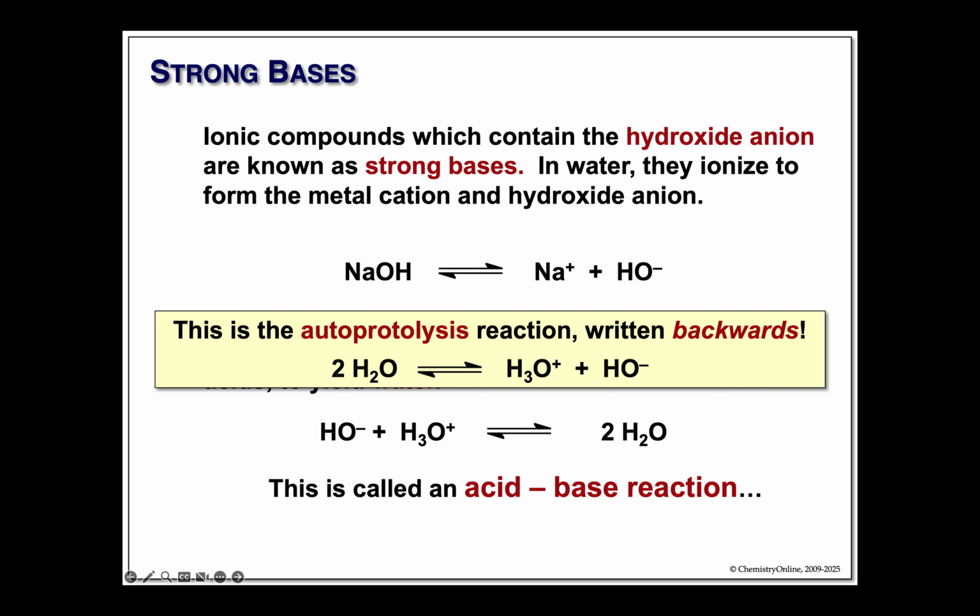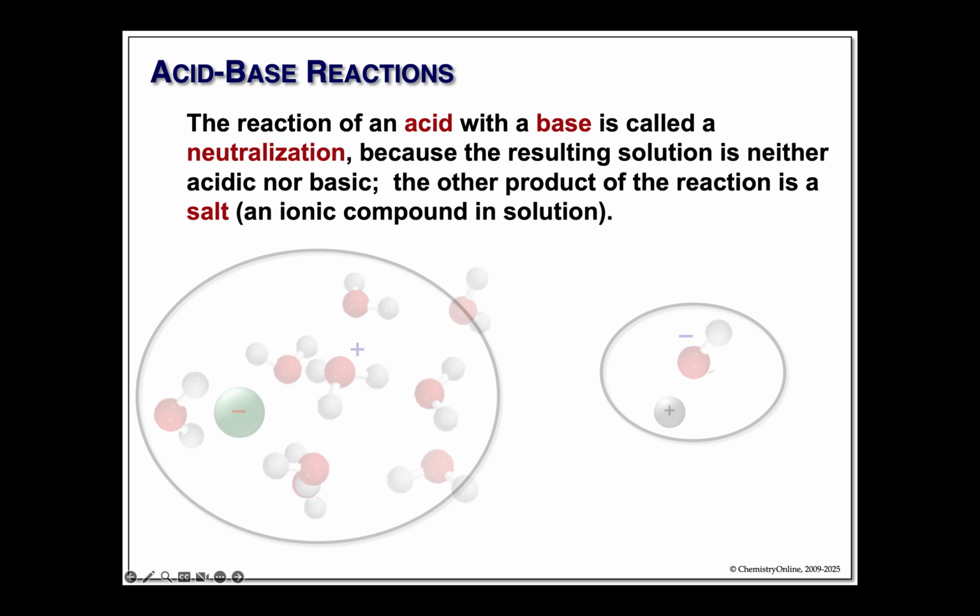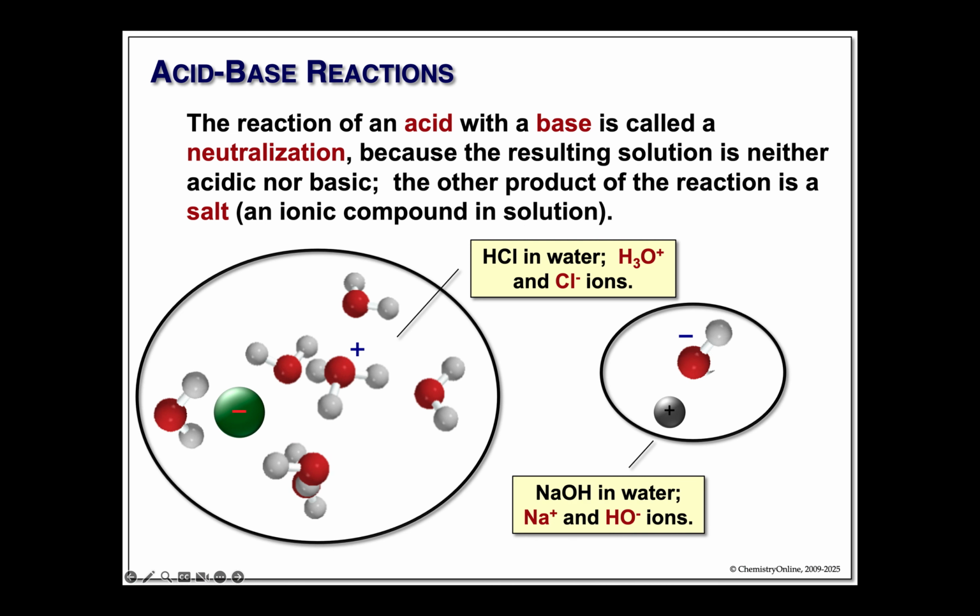So, this is an animation to show you what's happening, not really that difficult. Here we have hydroxide. This represents sodium hydroxide. This is hydronium and chloride, HCl, and water. We're going to take this, mix them together.